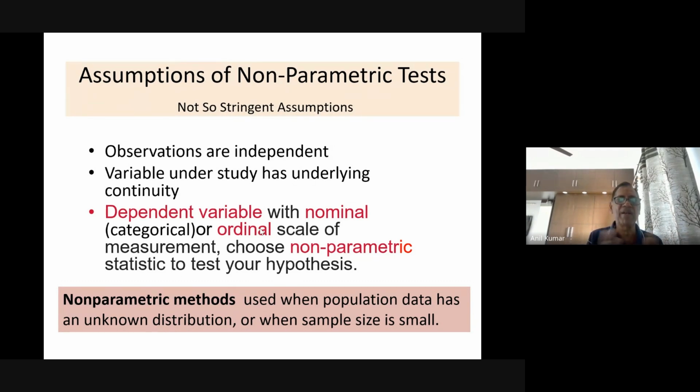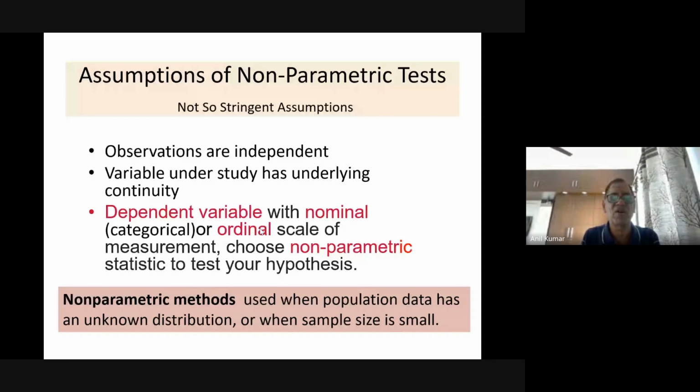So, parametric, non-parametric, again let me summarize: whenever our data is normally distributed and on the scale of ratio and interval, we can use a parametric test, and a parametric test is very powerful compared to a non-parametric test.